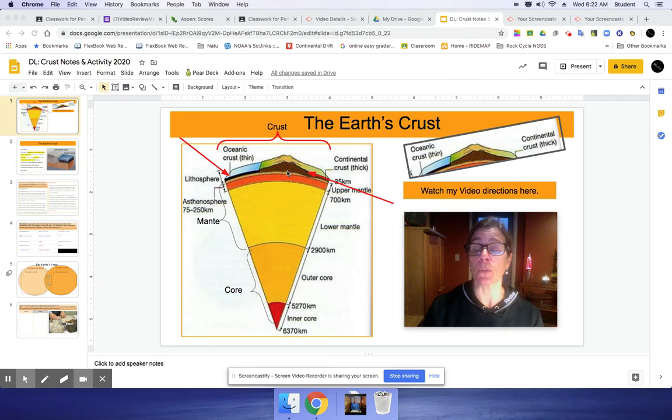So now what's really going to be important is for you to understand that the continental crust is the continents we live on. Now, the oceanic crust, kids, is the ocean floor. I want you to envision for this study that I have the ability to suck all of the oceans off of planet Earth. So imagine that I have a big vacuum cleaner that I could just suck all of the world's oceans dry.